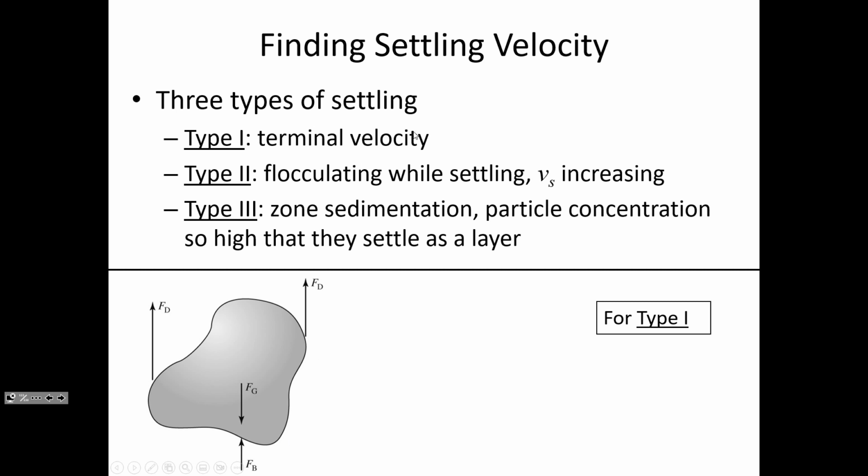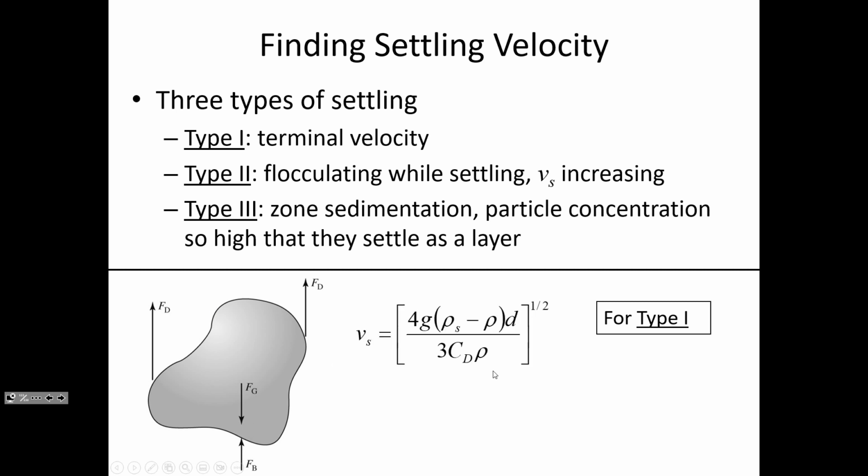And it reaches this terminal velocity instantaneously, really. As soon as the particle enters the tank, it'll start settling downward and really quickly come into an equilibrium where it's settling downward, but it's not constantly getting faster and faster. It reaches that terminal velocity where the drag forces are equaling the difference between the buoyant and the gravitational forces.